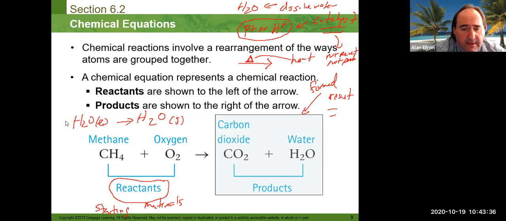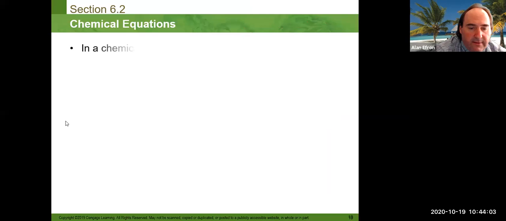But you can sometimes use a chemical equation to represent a physical change, and that would be the case with the water example. In that case, we started with water, we ended with water. They're both obviously the exact same thing fundamentally. So what we're seeing there is a physical change. But most of the time, our equations do represent those chemical changes that are occurring. Any questions on that?